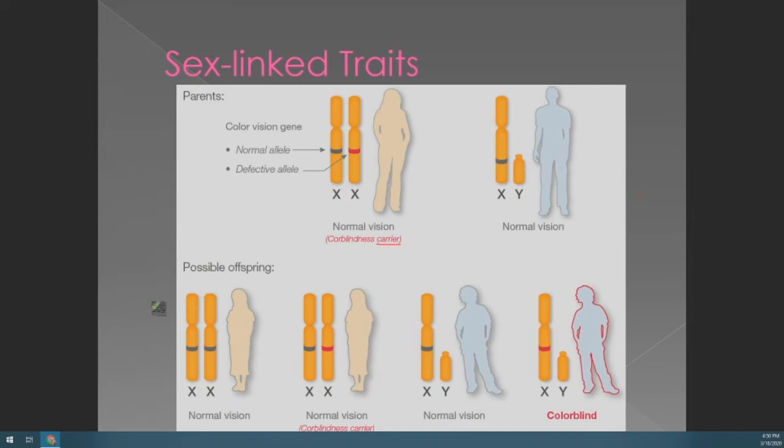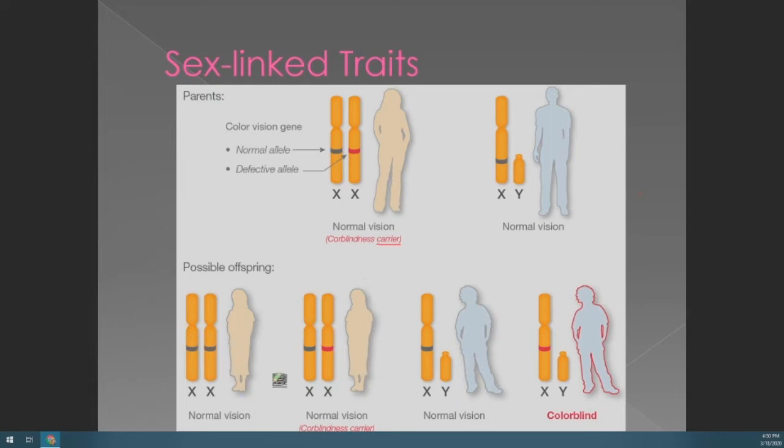So for this first possible offspring, we have two gray normal alleles here, which means she got an allele from mom for normal and an allele from dad for normal. So you can tell XX, female, normal, normal, normal vision.